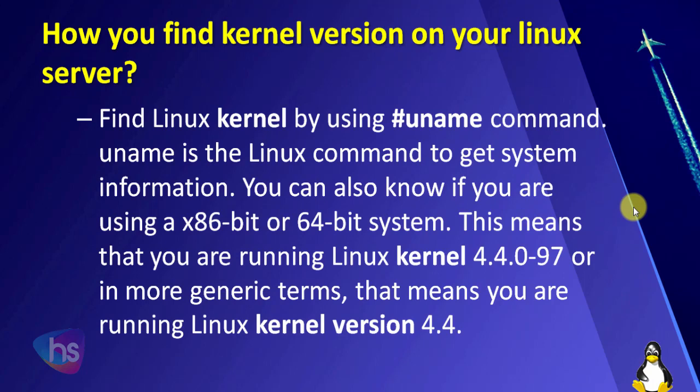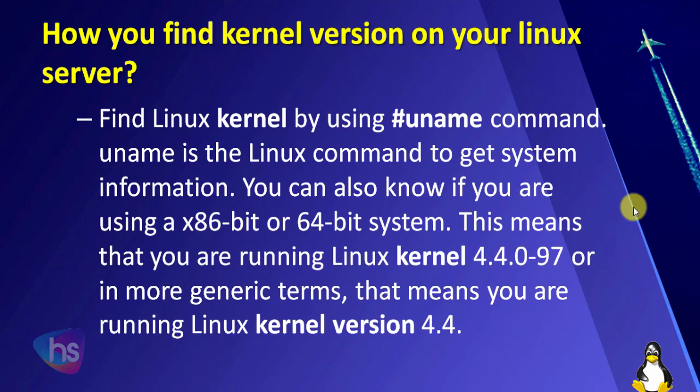On the Linux terminal, with the hash prompt indicating the root user, use the uname command. Uname is the Linux command to get system information such as the version of the operating system, whether it is 32-bit or 64-bit.